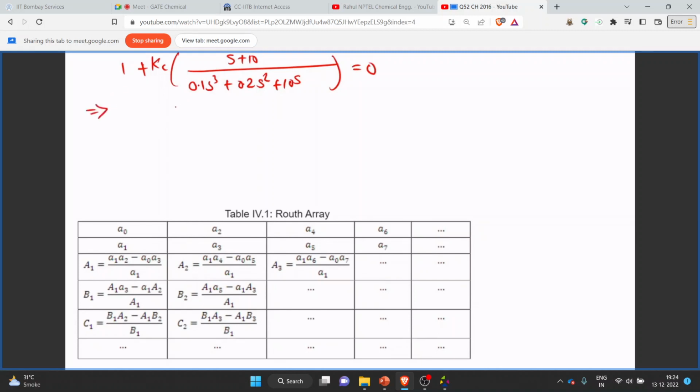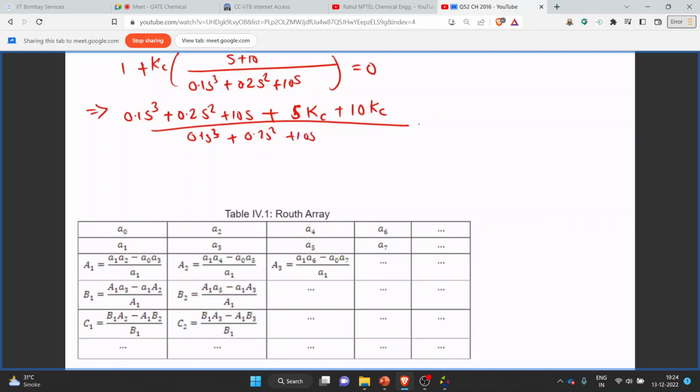So this will become 0.1 s cube plus 0.2 s square plus 10s plus s times Kc plus 10 Kc upon the denominator, is equal to 0.